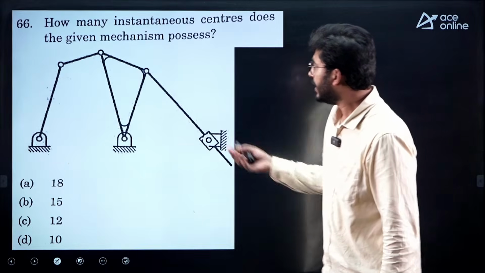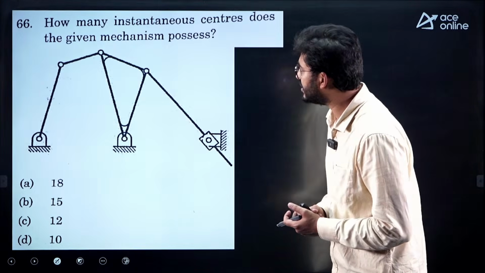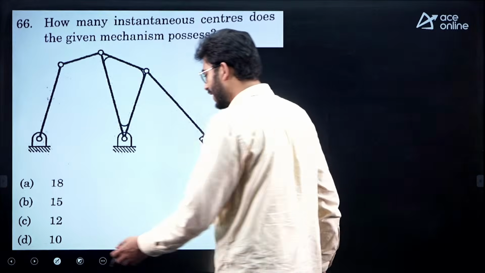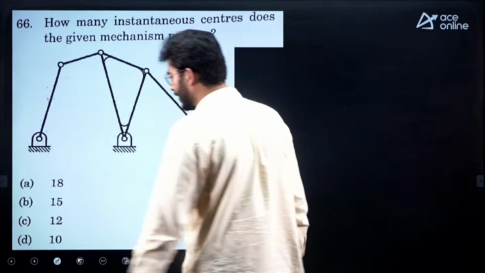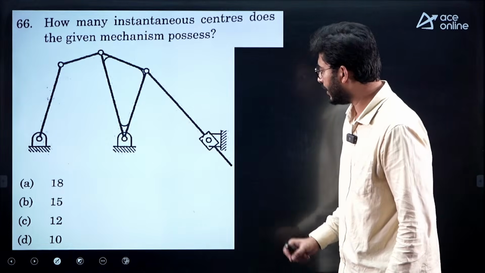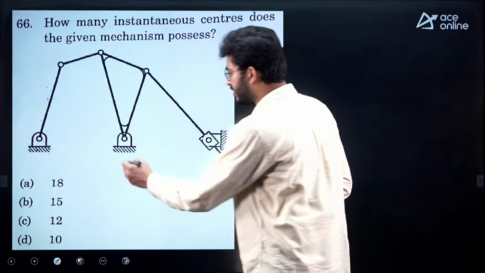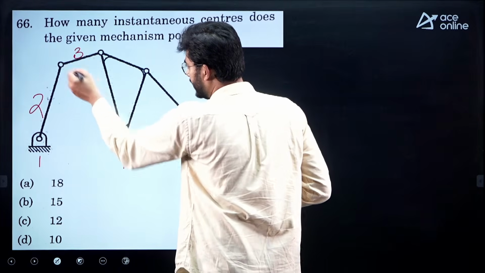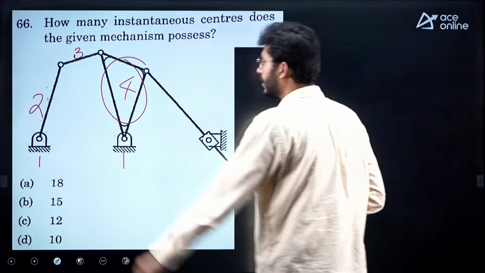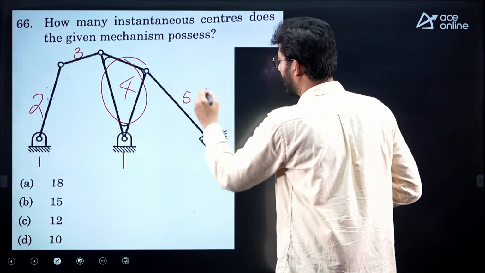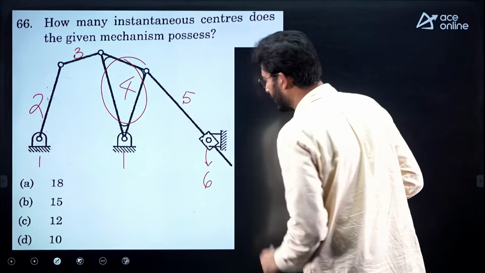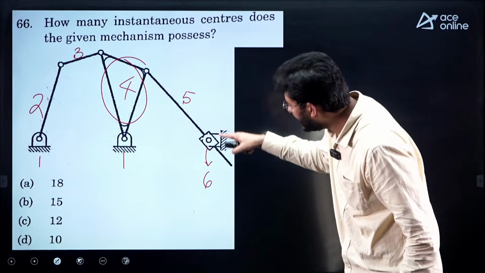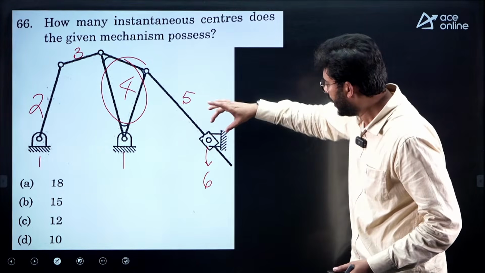Straightforward formula. Next is, how many instantaneous centers does the given mechanism possess? In this configuration diagram, you are more likely to commit a mistake, so let's do the link counting. This is link number 1, 2, this is link number 3, and this is the fixed link number 4, and this is link number 5, and this would be link number 6. Here you find the appearance of this joint a little different.